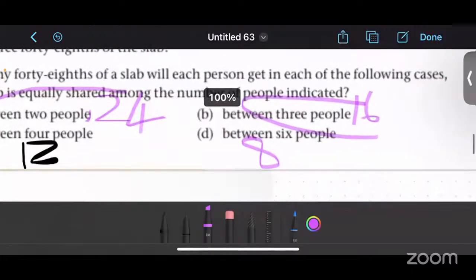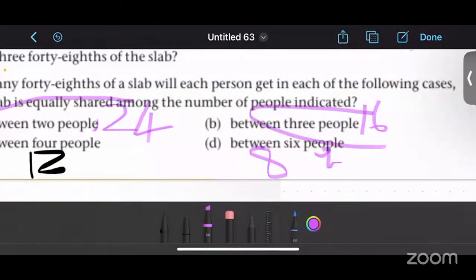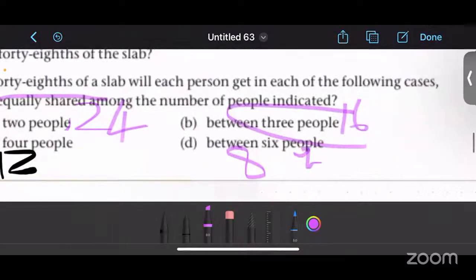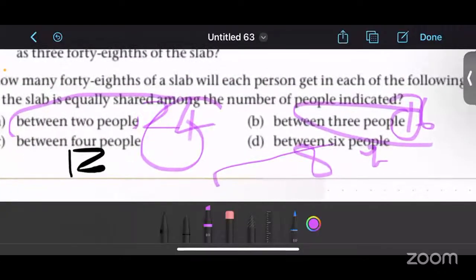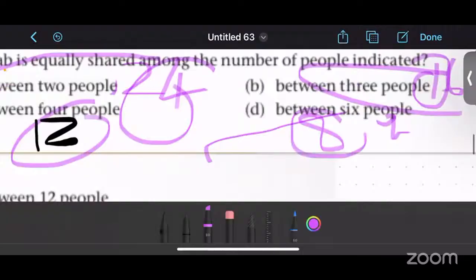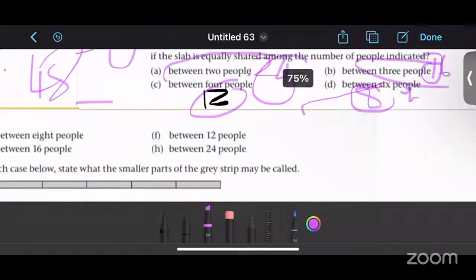Which, if I didn't have a calculator, I would believe, because the more people you share with, the fewer pieces they're going to get. When there are two, they're going to get more. When there are three, they're going to get less than when they were two. And then if somebody joins them, they're going to get 12. And then if more people join, it's going to be 8 per person, if they equally share the chocolate.